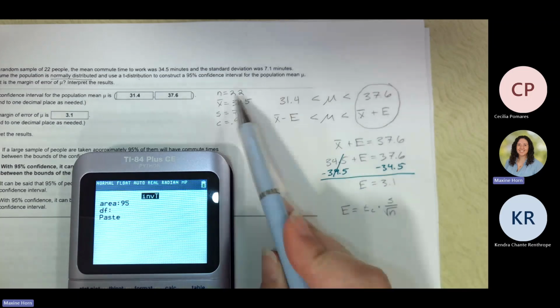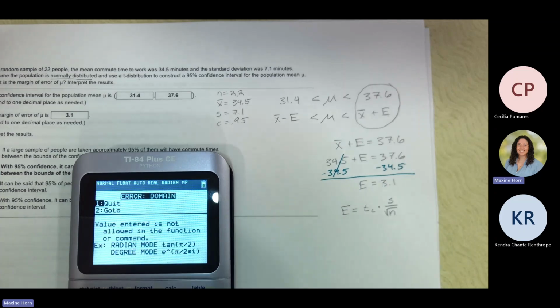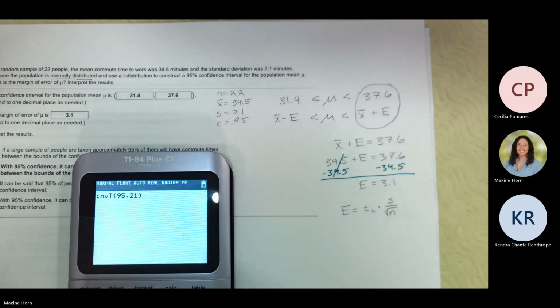So our sample size is 22, so our degrees of freedom is 21. Oops, I put 95 instead of 0.95. That's why it didn't like that.